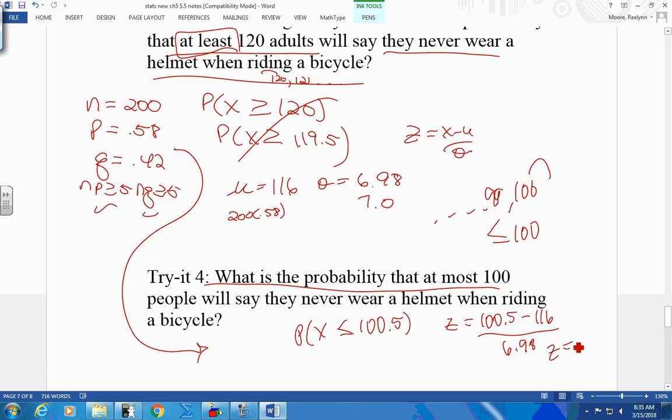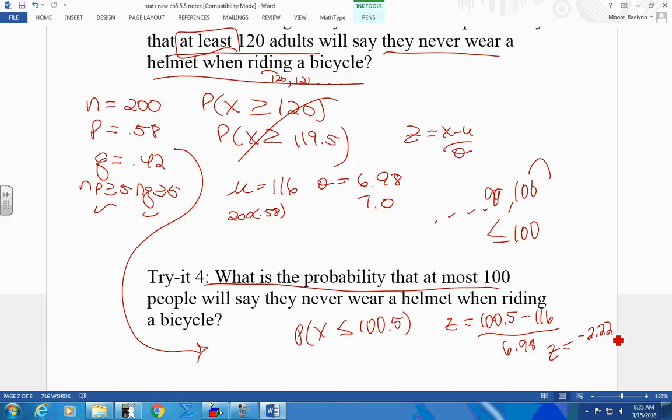So Taylor, what'd you get for your z-score? Negative 2.22. Yes, you did. Negative 2.22. Good job. Now, do you want the area to the left or to the right of that? To the left. Your arrow points left, doesn't it?